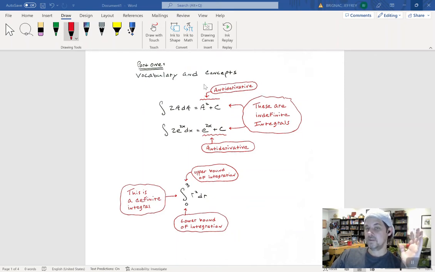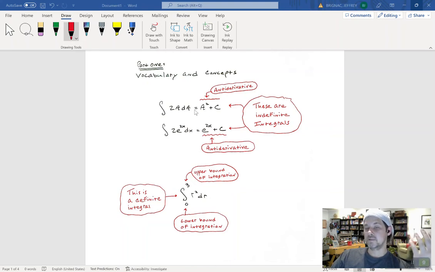Now, these two examples, we've seen that type of thing before. These are indefinite integrals. And what does it mean to evaluate an indefinite integral? It means you find the antiderivative and you put plus C, where capital C is some unspecified constant.